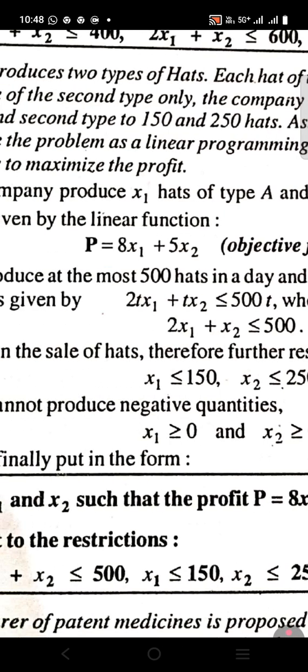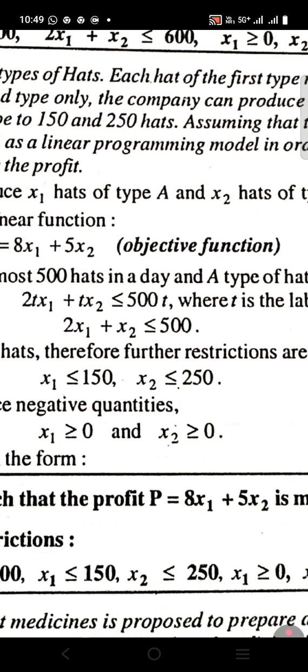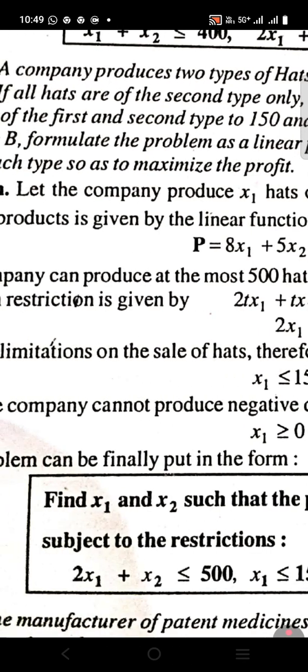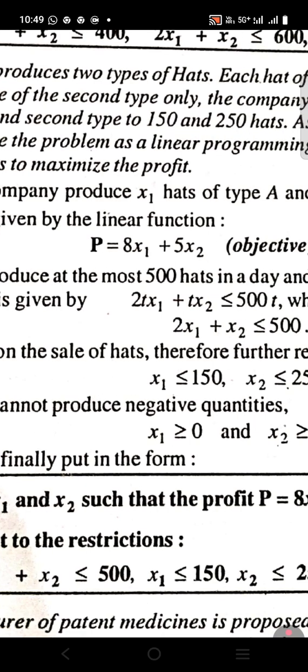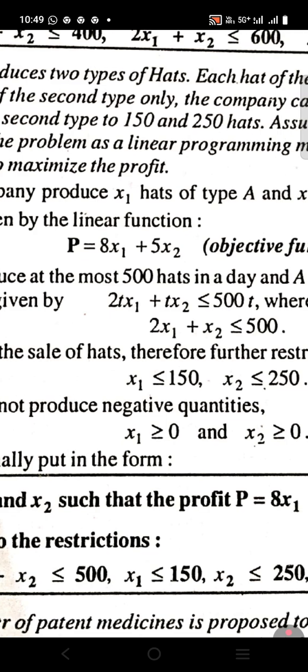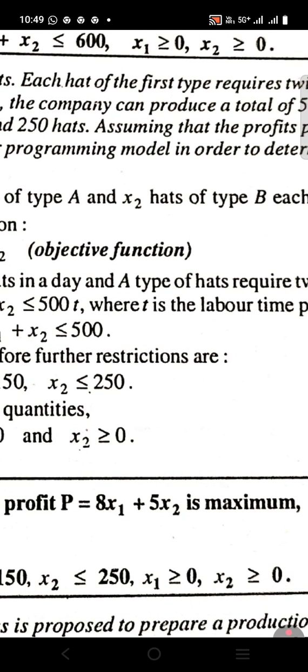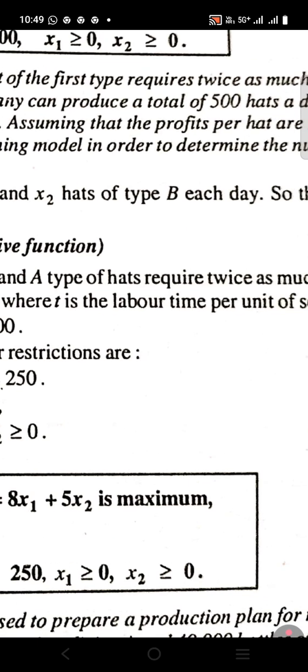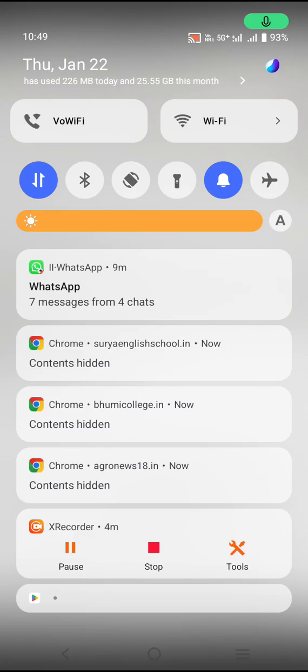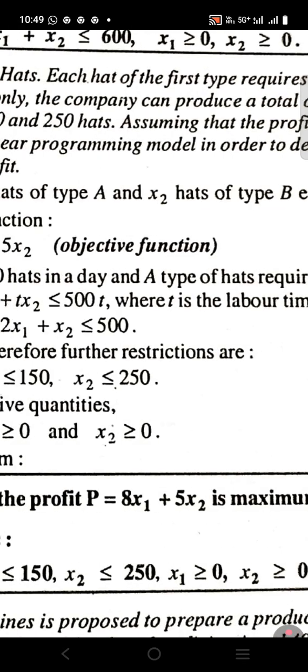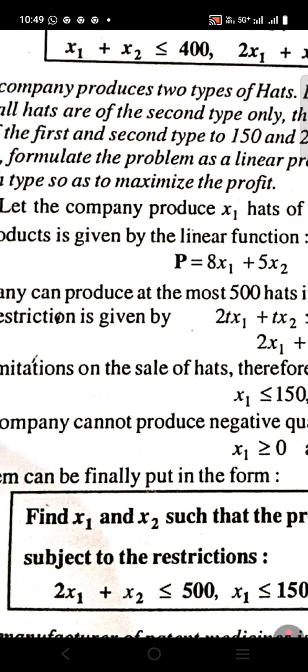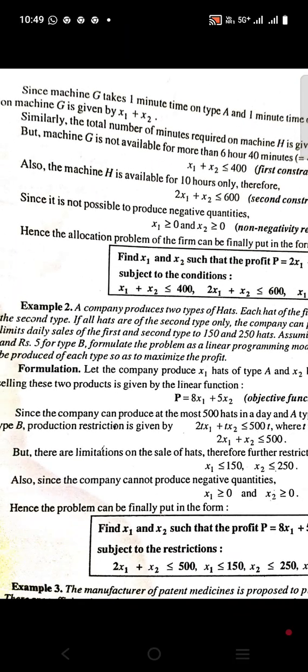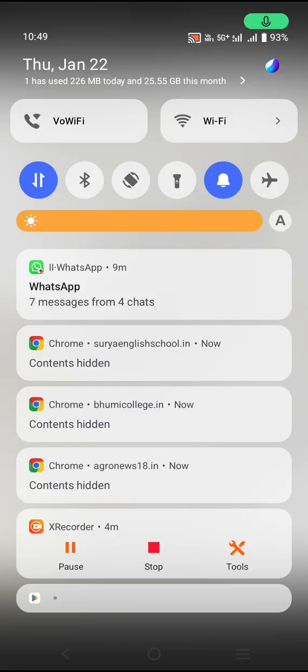That is, maximize Z equal to 8x1 plus 5x2, subject to the constraints 2x1 plus x2 less than or equal to 500, x1 less than or equal to 150 and x2 less than or equal to 250, and non-negativity restrictions x1 greater than or equal to 0 and x2 greater than or equal to 0. That is, we have formulated the problem in the form of a linear programming problem.